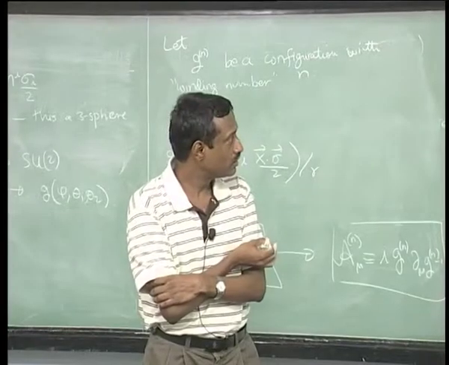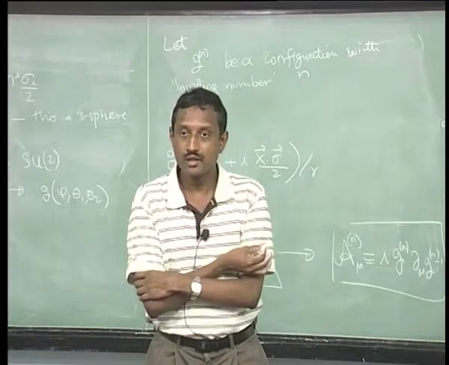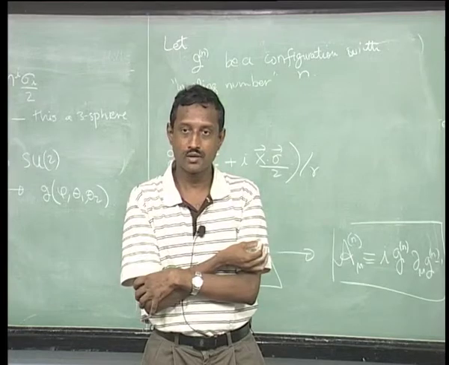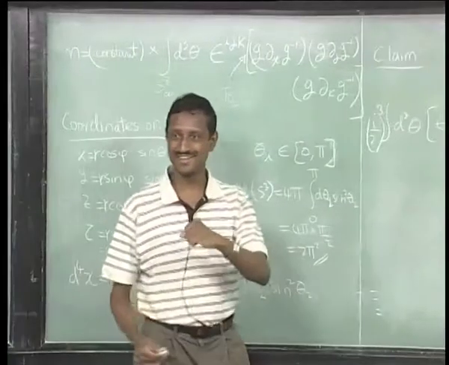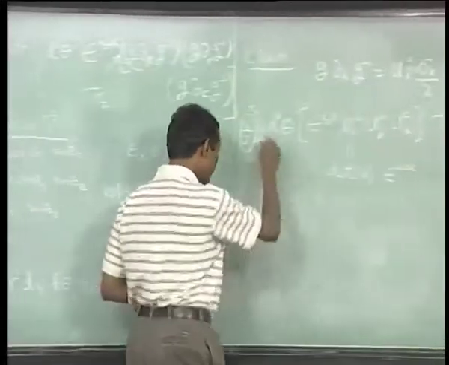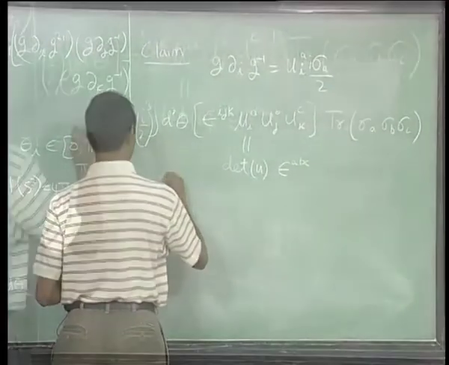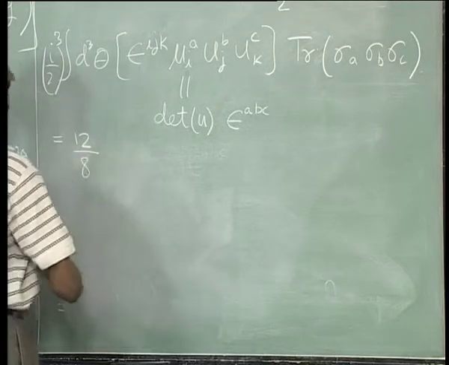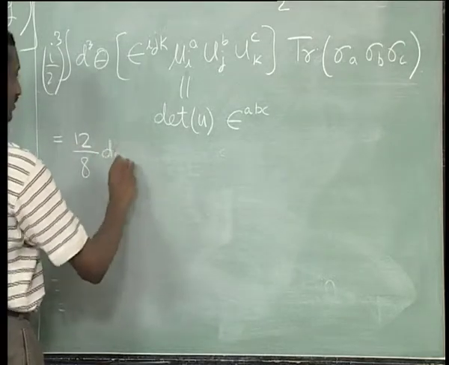Sigma^a, sigma^a is 3, times 2. Thank you. So, there is a 3. I missed out a 3, thanks. So, that is a 12. So, this is equal to 12i, but this i cubed is minus i into i, which is plus i, divided by 8 into determinant of u.